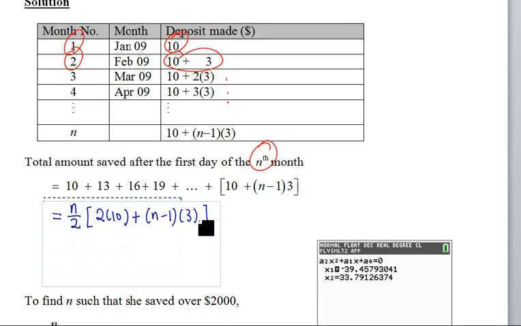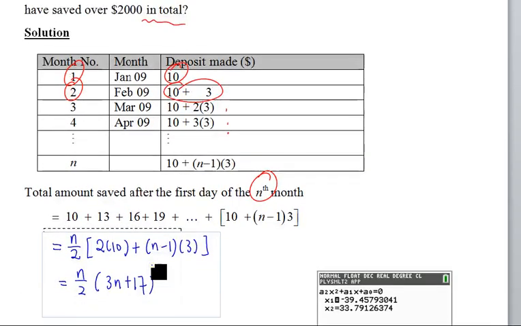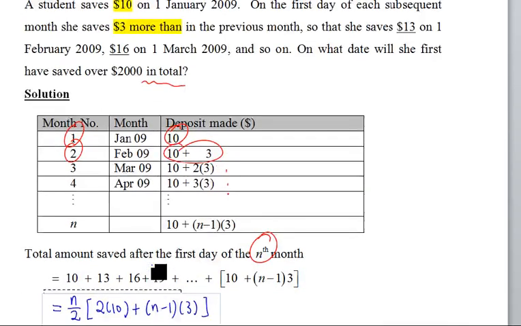You simplify and you realize that this is n over 2 times 3n plus 17. Now, look, I want to emphasize this. All of us are F-math students, okay? We cannot make this mistake. F-math students must have this idea of inequality.